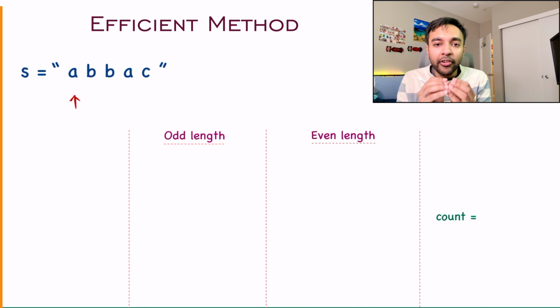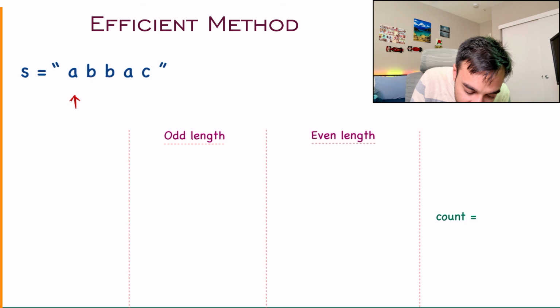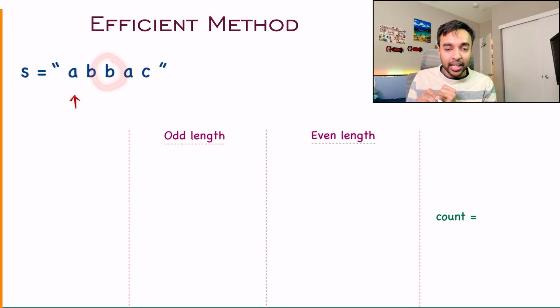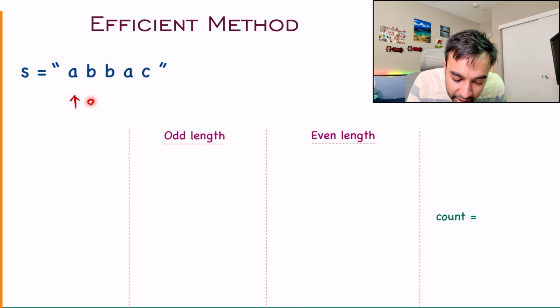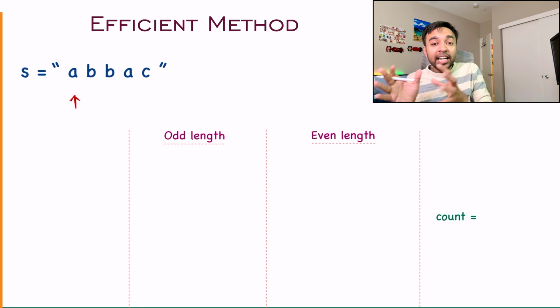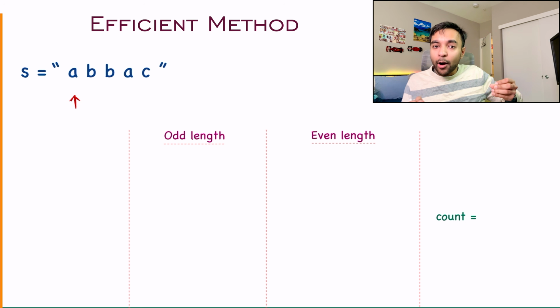So once we find out this count, we find the total number of palindromes for each position that is available in the string. And we keep a count of it. We will keep on iterating through every character, and at the very end, we should get a count of all of the palindromes that were possible.